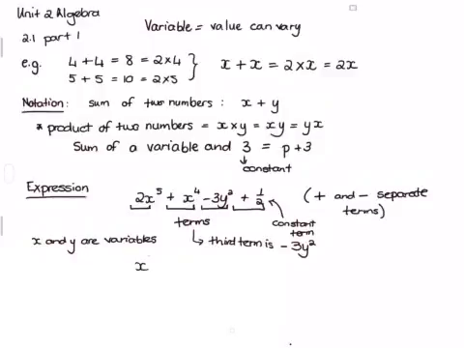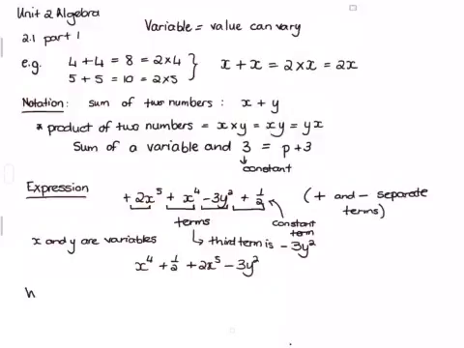So you could write the x to the 4 first. Then you could write the plus a half. Then plus 2x to the 5, because remember this plus is implied. And then your minus 3y squared. But the minus must stay with the 3y squared. The sign must stay with it.